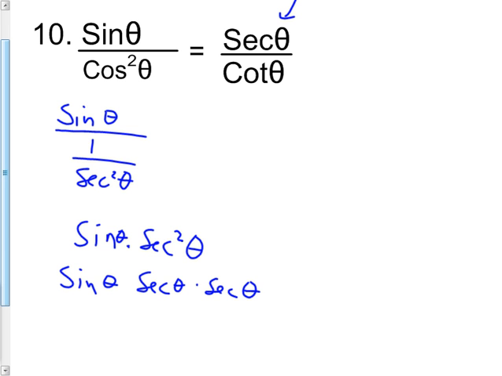Why does that help? Well, I want to have a secant theta left in my answer here, but I don't need 2 of them. So I'm breaking it up. And now this secant, what do you think I'm going to change that to? 1 over cosine. If I change that to 1 over cosine theta, I'm going to bring everything else down.